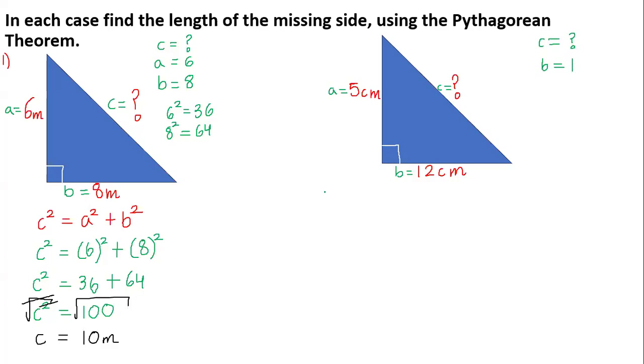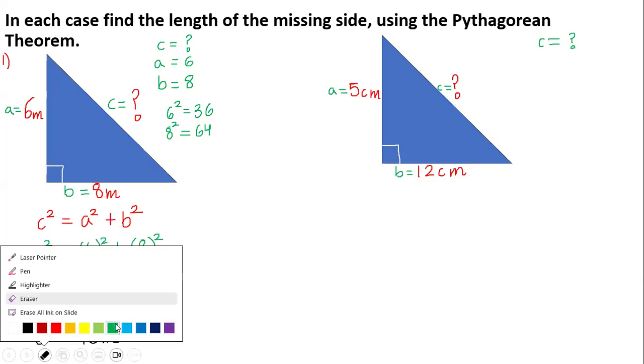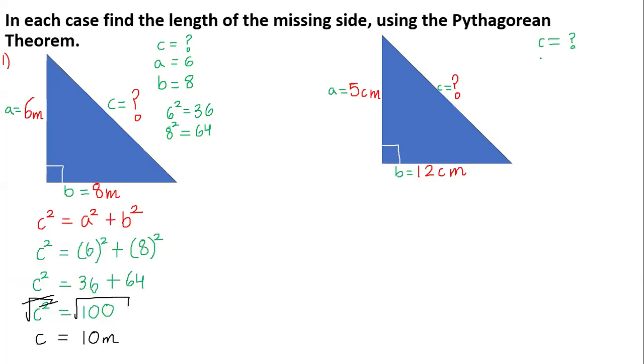No, we have to do A first. What am I doing? A is equal to 5 centimeters. B is equal to 12 centimeters.